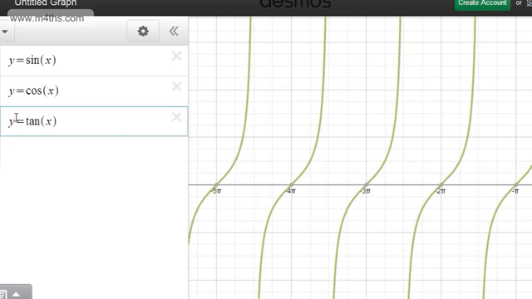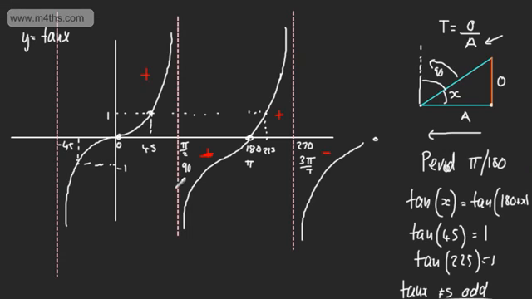So brief recap, and then in the next video we're going to move on and look at graph transformations. So with now the tan curve, the maximum and minimum are undefined, as we've essentially got now these asymptotes. A period of 180 degrees or pi radians. We can see that we have these 0 values every 180 degrees.